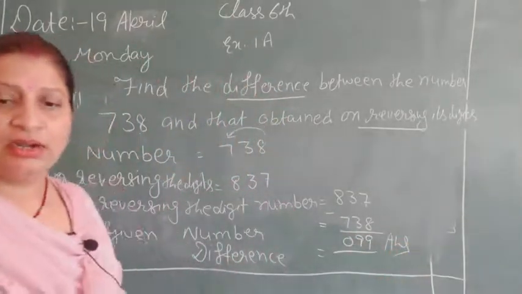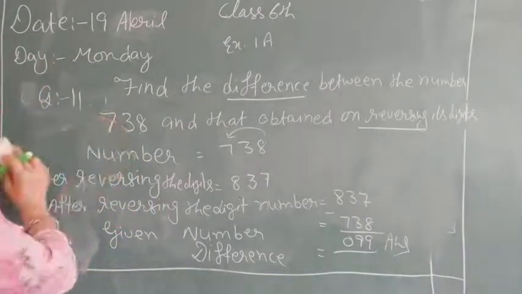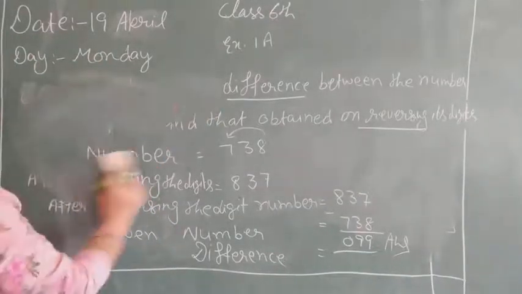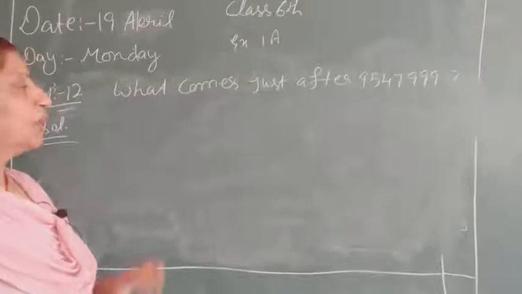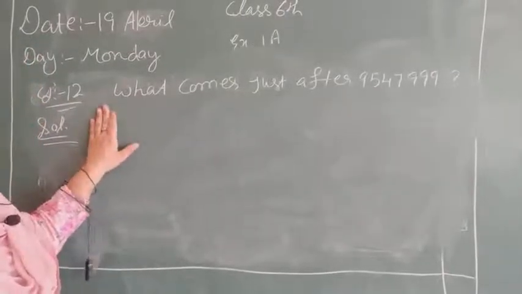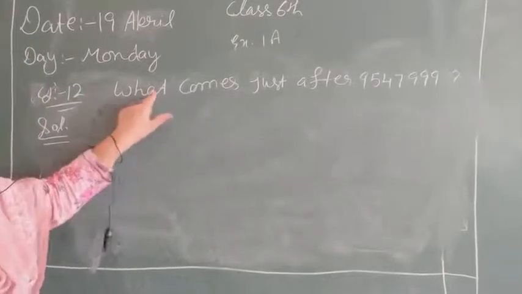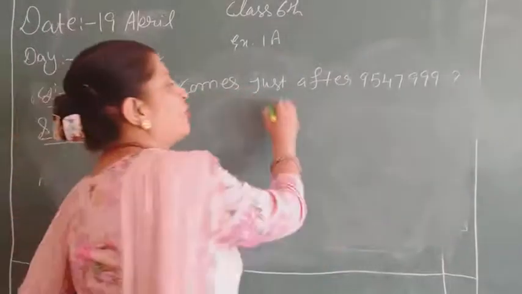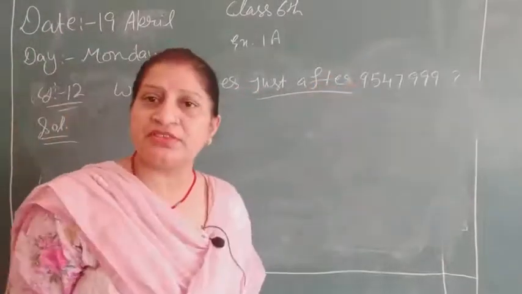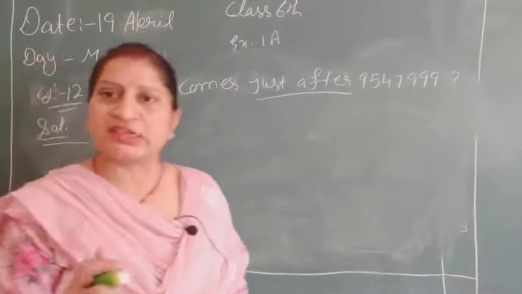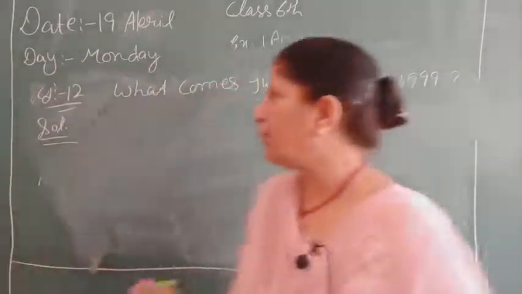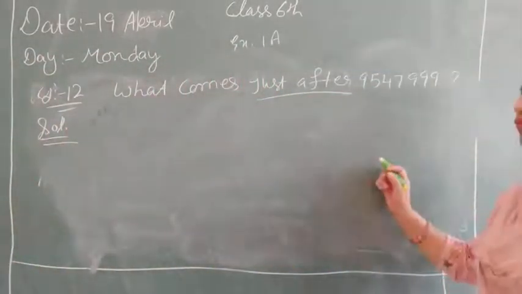Clear this one? Now we do the next question. Now we start our question number 12. In this you have to give what comes just after. Just after means we have to find the successor of the given number. So in successor what we have to do?